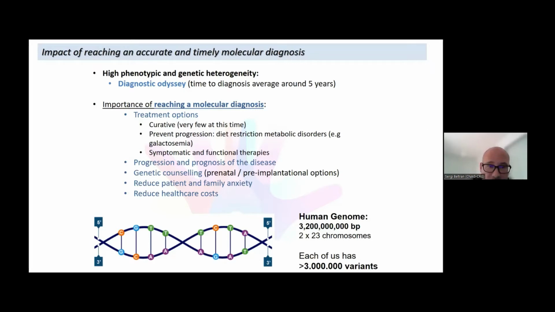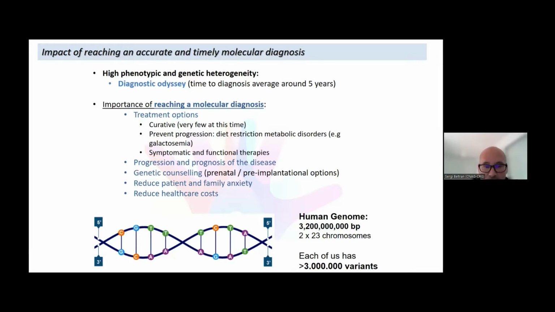It is important to have a diagnosis, even if in many cases the treatment options are very limited. By having this diagnosis, we can sometimes prevent progression, and we can predict how the disease is going to advance. We can also provide genetic counseling, prenatal or even pre-implantational.